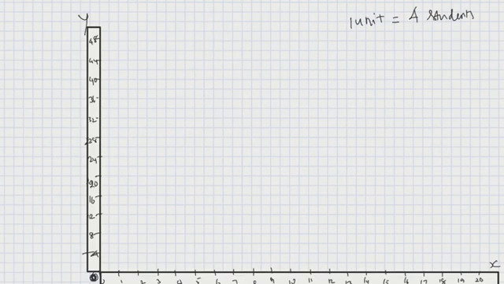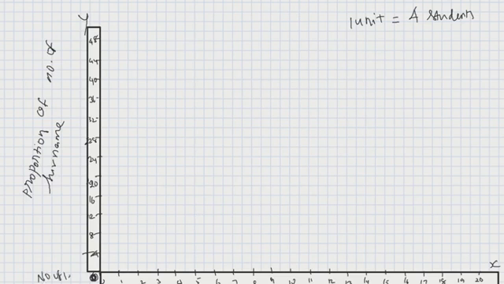For the y-axis we marked the proportion of the number of surnames, and the number of letters we have taken as the x-axis. Okay, shall we start now?